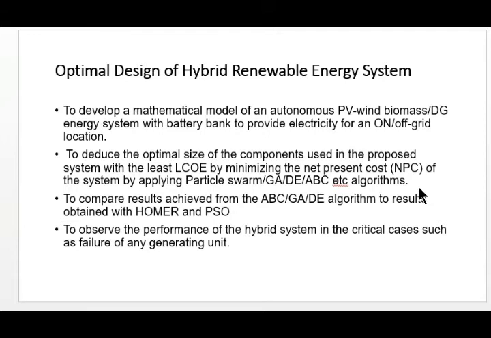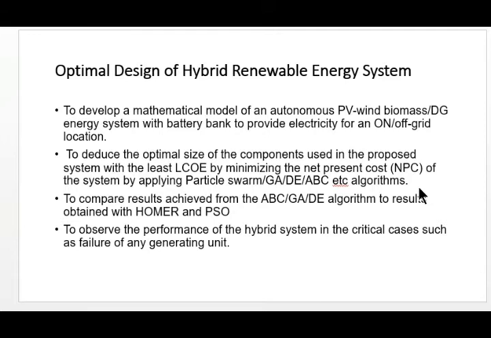So in this specific lecture we will develop the mathematical model of PV, wind, biomass or DG energy systems with a battery bank to provide electricity for both on-grid and off-grid. We will discuss both the scenarios.